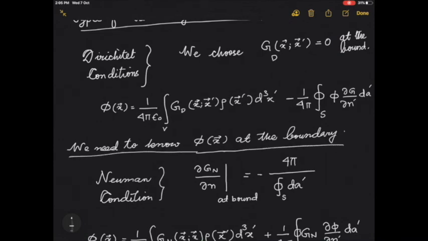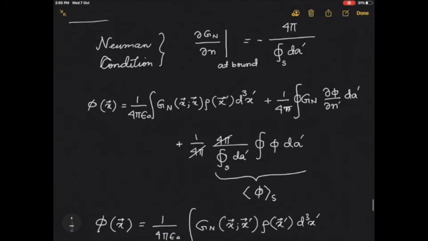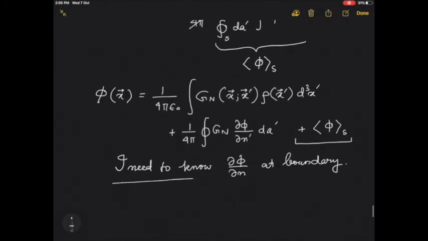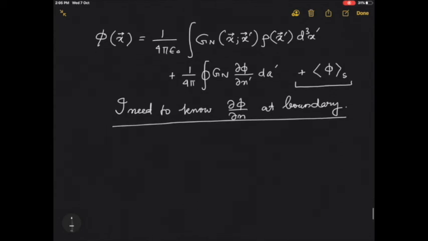So for the Dirichlet condition, we need to know phi at the boundary. For the Neumann condition, we need to know del phi del n at the boundary. So these are the two types of boundary conditions. There is one more called Cauchy. It's a mix of Dirichlet and Neumann.